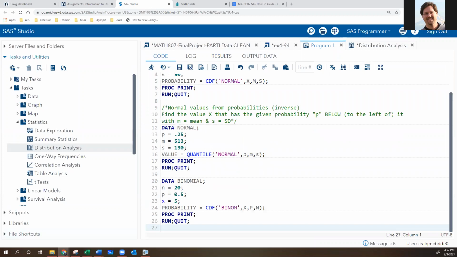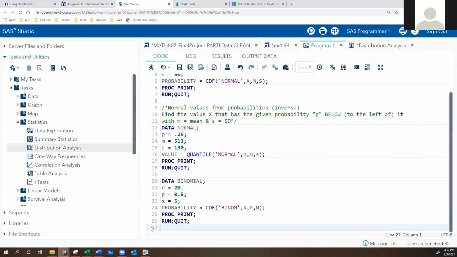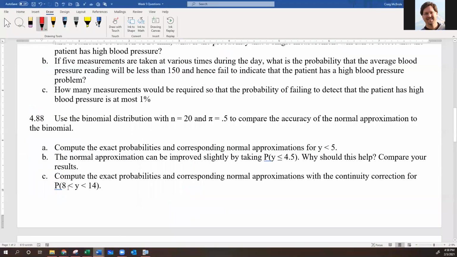Now, the question gave us a number of 20 and a mean of 5. So we've got 20, mean of 5, and they want us to be in between 8 and 14. But again, strictly greater than 8, strictly less than 14. So that means we're looking for the set of probabilities for 9, 10, 11, 12, and 13 only.